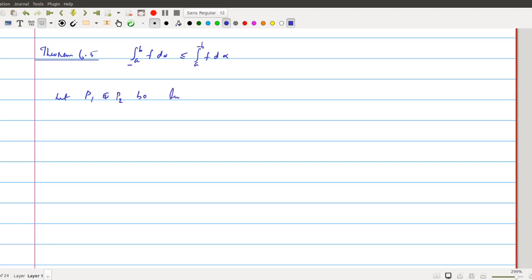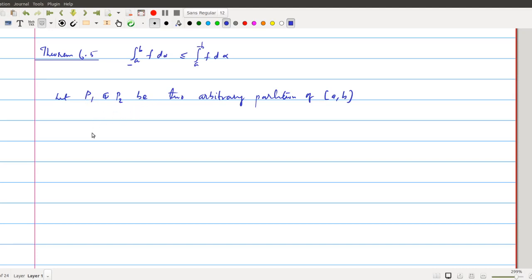There is no relation between these two partitions. That means you can vary P1 independently of P2, and similarly you can vary P2 without affecting the partition P1.